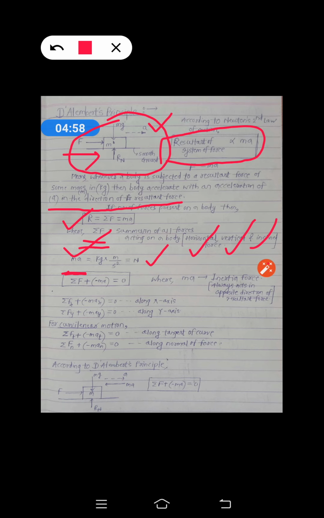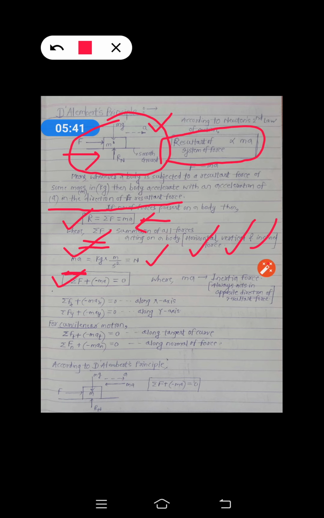Now today, see the next part. Take the same equation, summation of f is equal to mass into acceleration. Take this ma towards the RHS side. Which equation do you get? Summation of f plus in bracket minus ma bracket close is equal to 0, where minus ma is the inertia force, and that inertia force always acts in the opposite direction of the resultant force.